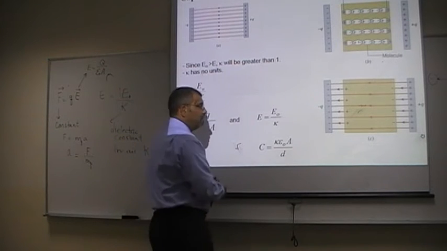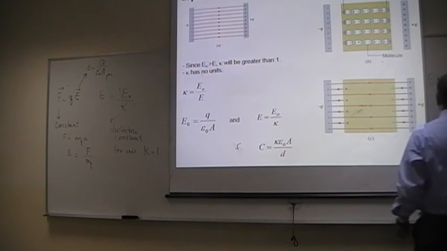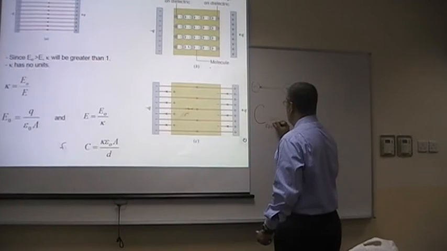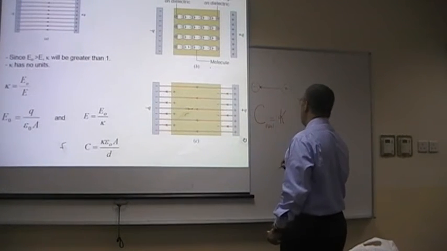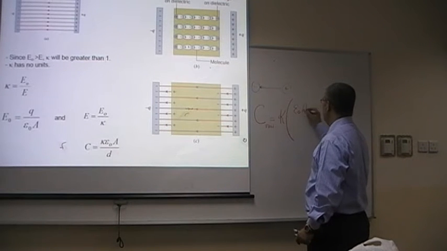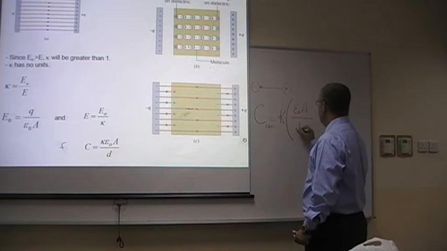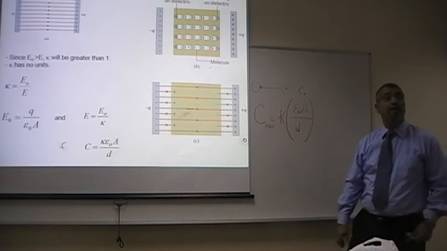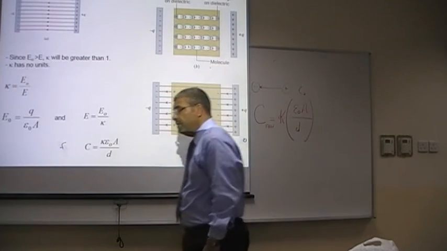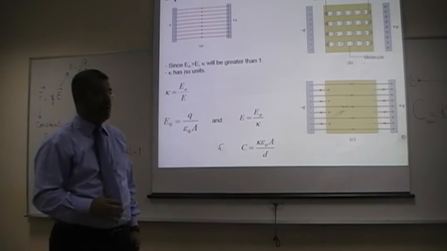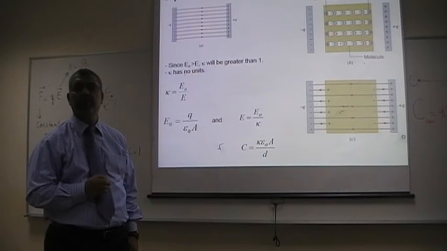So putting the dielectric in makes the new C simply kappa multiplied by epsilon naught A divided by d, which is kappa times C0, the initial capacitance. Okay, that's it. That's all we need to know about capacitance and dielectrics. Okay?